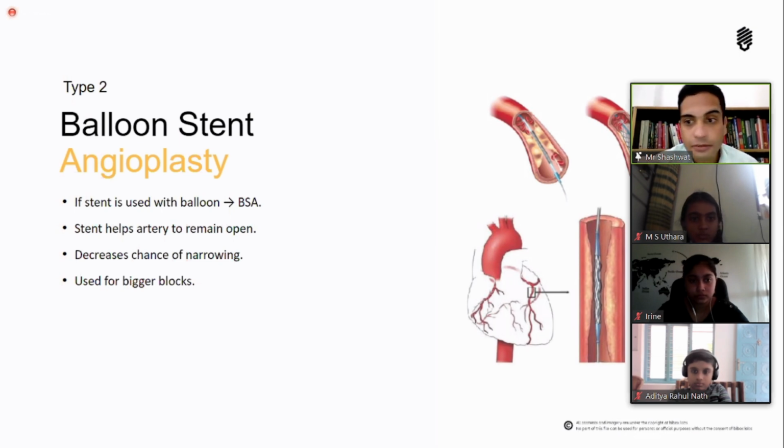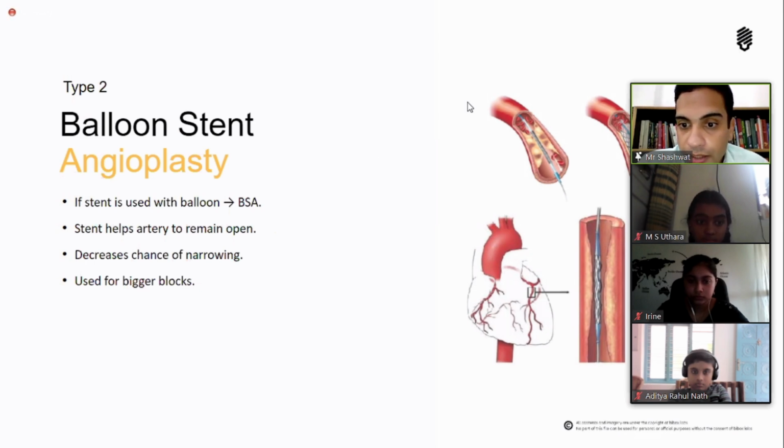On top of that balloon, we have a stent also. Where does the stent help? It helps to make sure that the artery remains open and there is less chance of narrowing down of arteries. If there is a bigger blockage inside the artery, this balloon stent angioplasty is used. Clear?